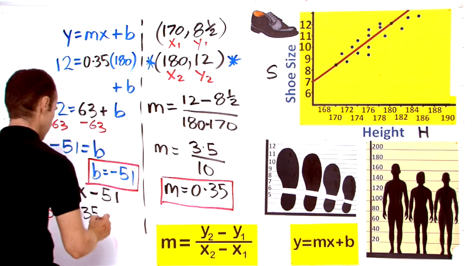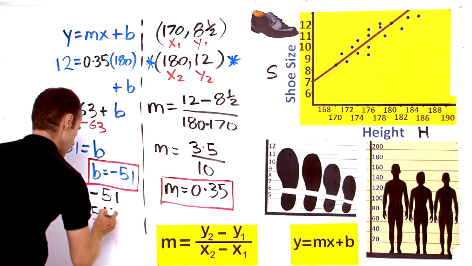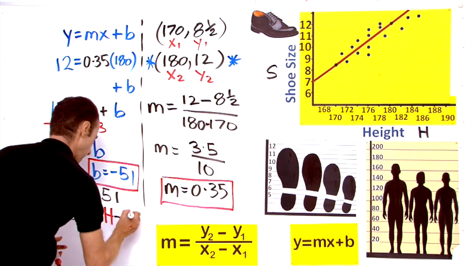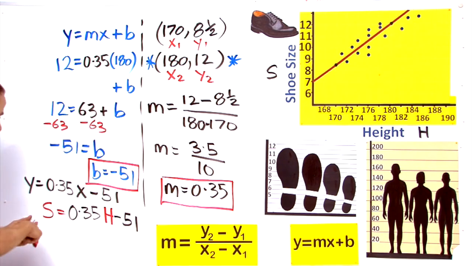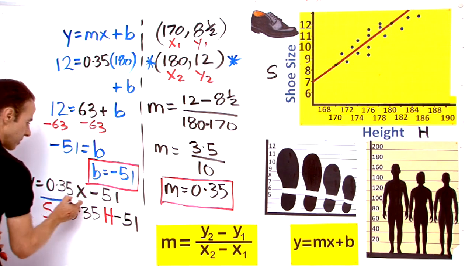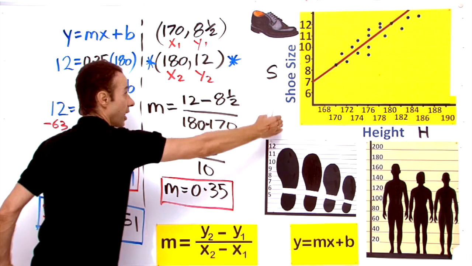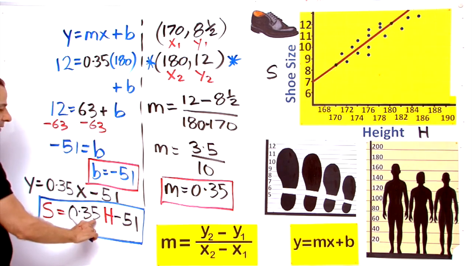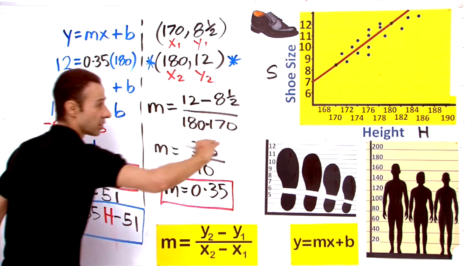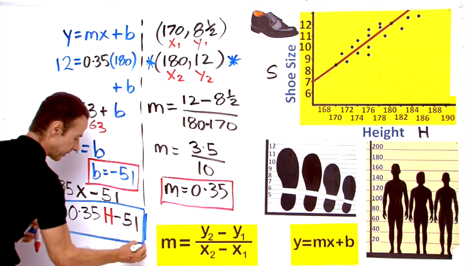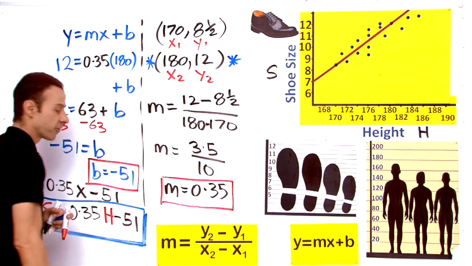It's h minus 51. So that's our equation. So s, shoe size, equals 0.35, the gradient, times h, the horizontal variable, minus 51. And that's the equation for the line of best fit.